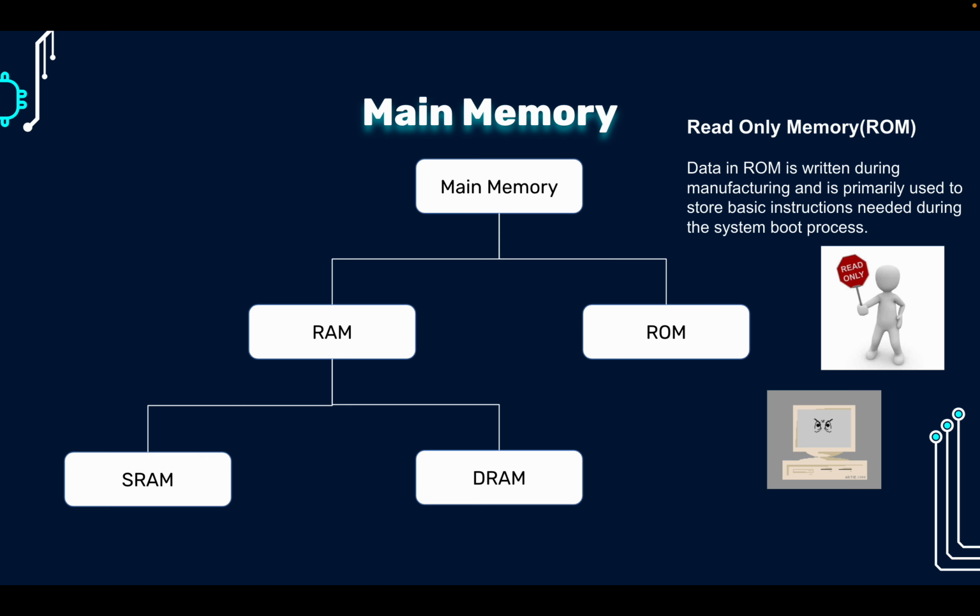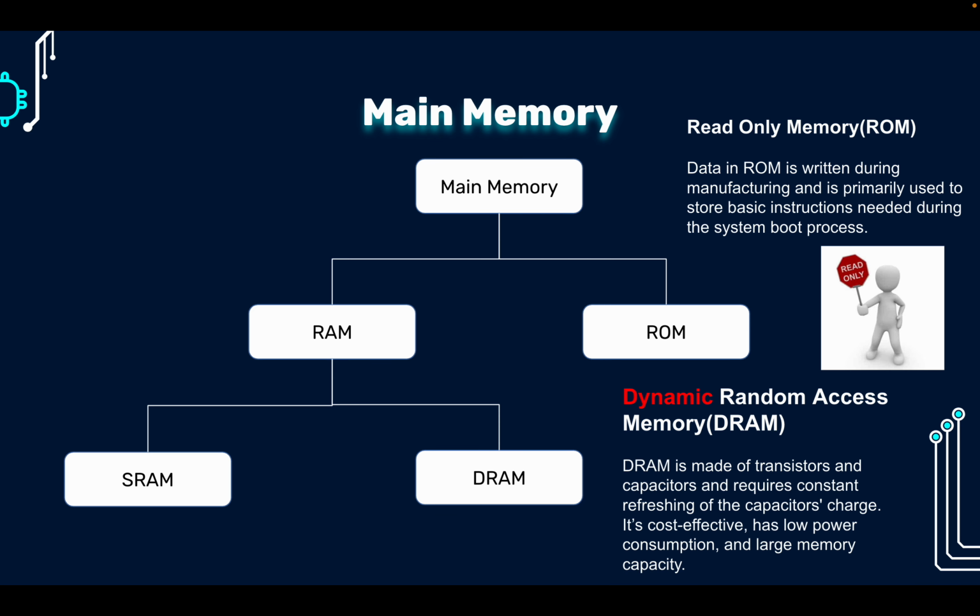RAM has two types: dynamic RAM, which is DRAM, and static RAM, SRAM. DRAM is made of transistors and capacitors and requires consistent refreshing of the capacitor charge, otherwise the data will quickly disappear, because it changes and must be refreshed very frequently.